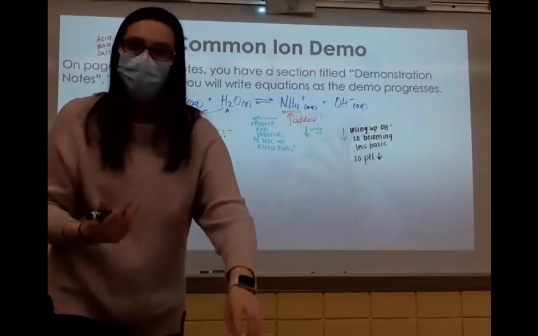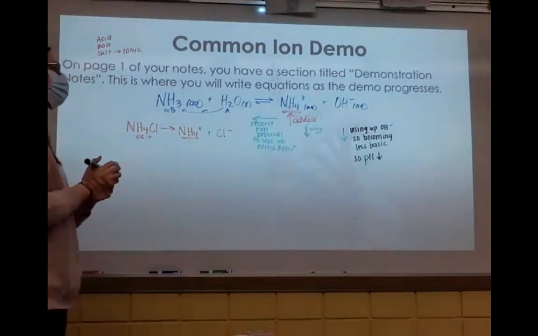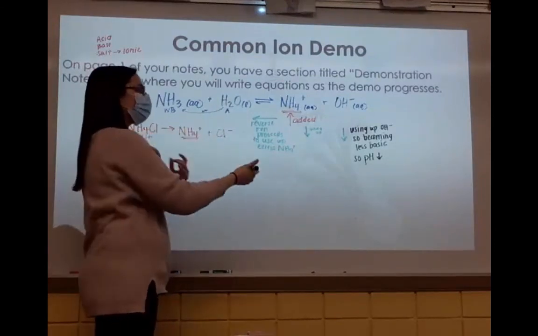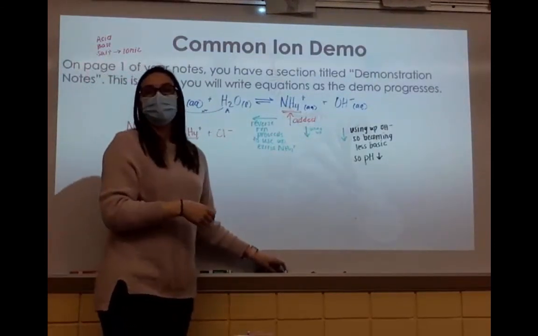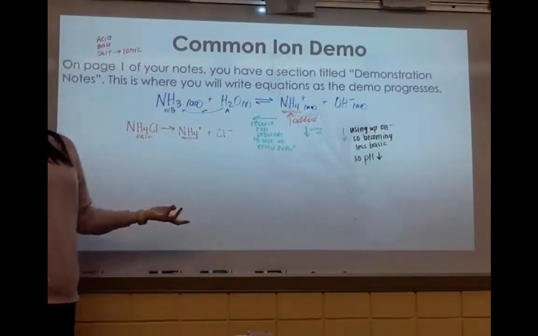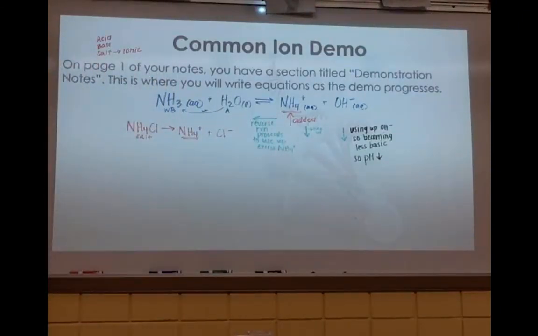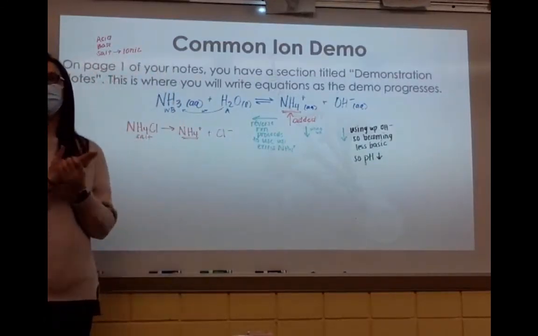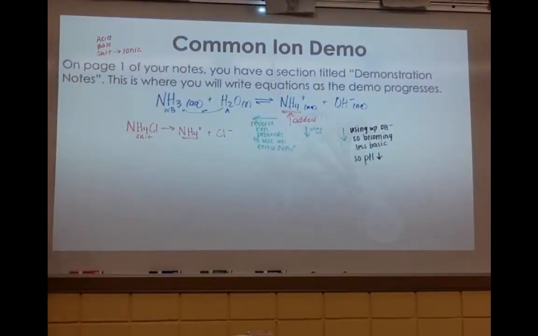But that's looking at the conceptual idea of the common ion effect: as you add a common ion, equilibrium will shift. It's going to shift one way or another. Does it always shift back? Probably. But tomorrow we'll also look at how pH can be affected. So we'll look at examples tomorrow with how pH can be affected as well.